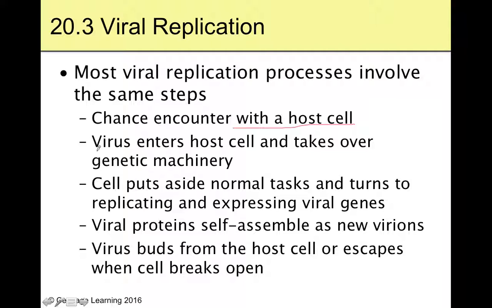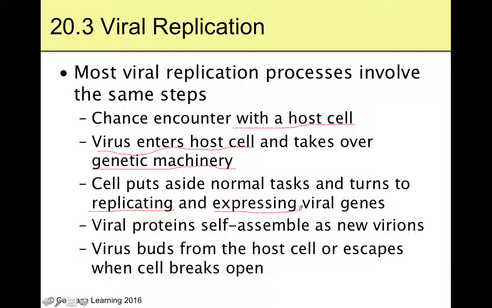So then the virus will enter the host cell if it's a good match, and it's going to take over the genetic machinery. In some cases it could just be an enzyme, in other cases it's the entire nucleus or part of the nucleus, but they take over the cell. And the cell's not going to make cell products for you. It's going to make products for the virus in most cases now. So the cell puts aside the normal tasks that it ought to be doing, and it goes ahead and makes copies of viral genes.